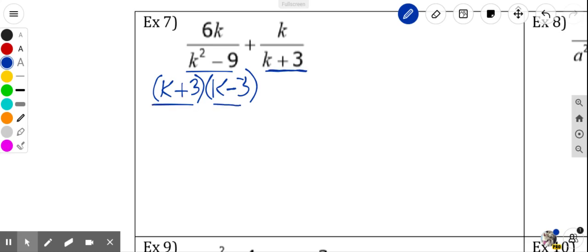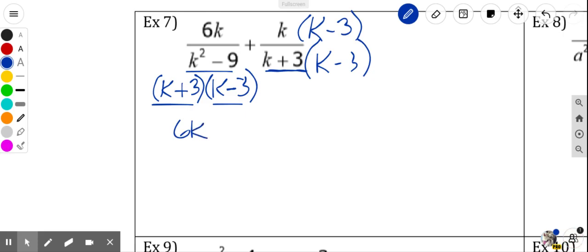We need a k minus 3, so we're going to multiply by k minus 3 on the bottom and on the top. Okay, so the left side is going to become 6k for the top. And then we're going to have k squared minus 3k.